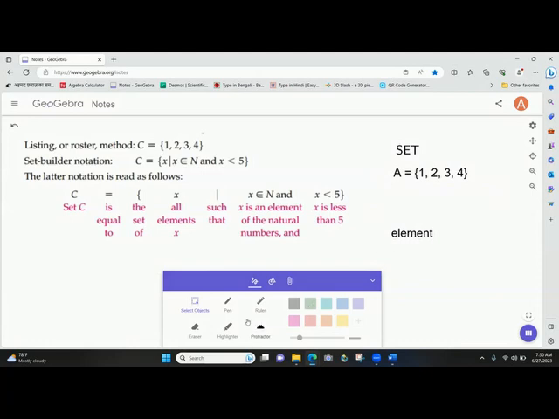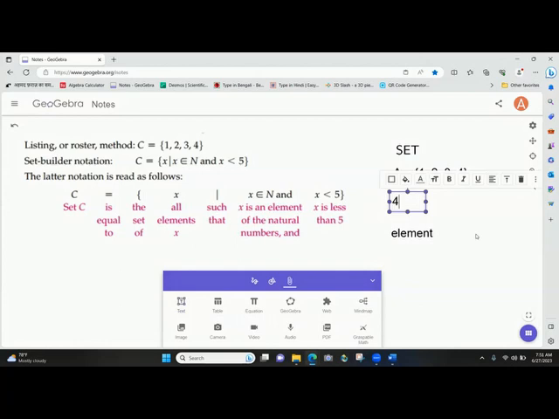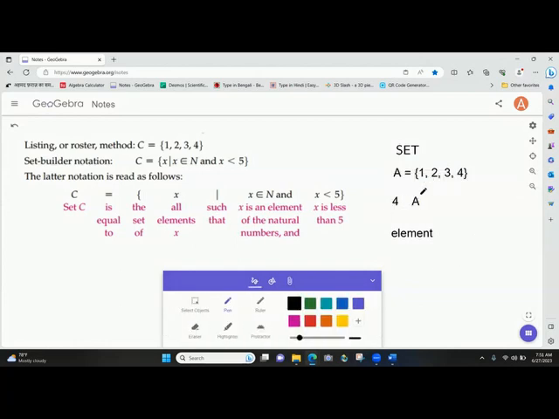Now, I don't have a good way of writing this symbol, the element belongs to symbol, but I'll do it by hand. So I can say 4 is an element of A. And we're going to write element like this.